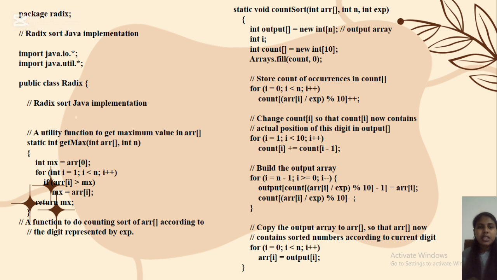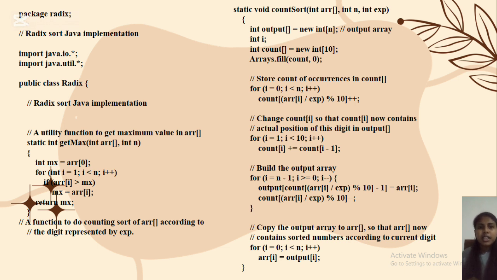Array means the input array, and n checks the number of elements in the array. Here it initializes maximum with the first element of the array, and there is a for loop. By this loop, it starts from the second element, which is i equals 1, and iterates up to n minus 1.